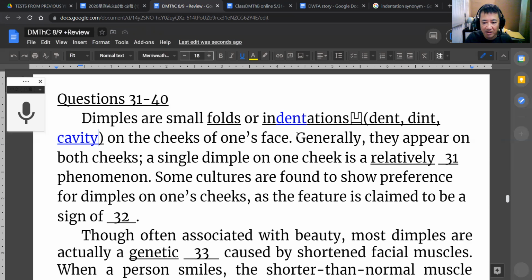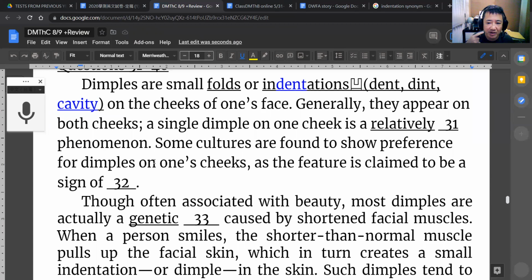Generally, they appear on both cheeks. A single dimple on one cheek is a relatively blank phenomenon. Phenomenon is 现象.